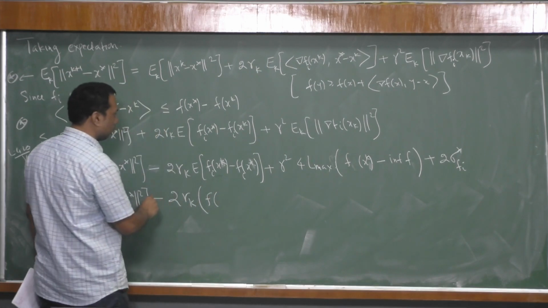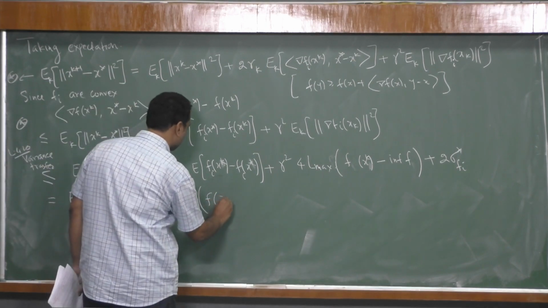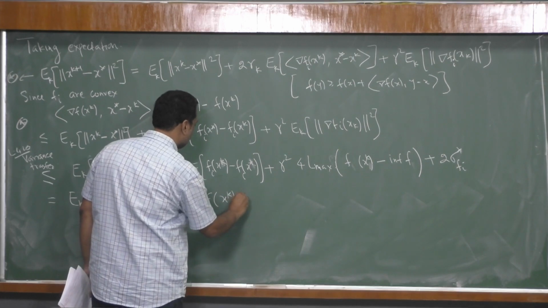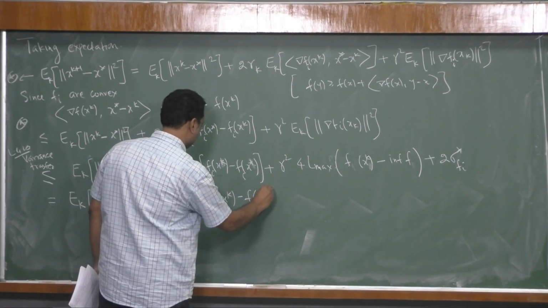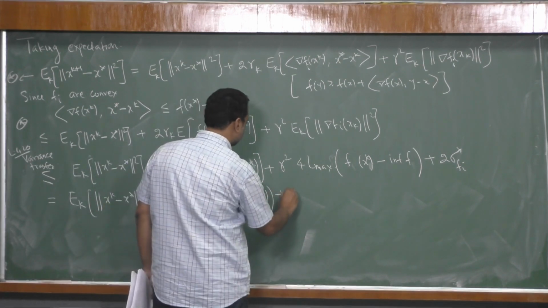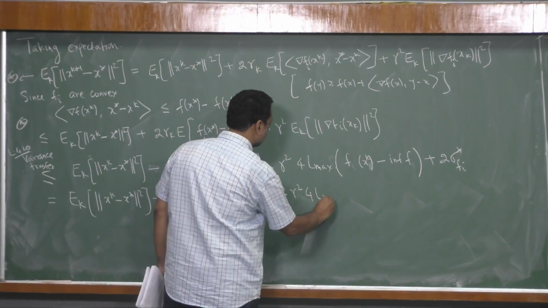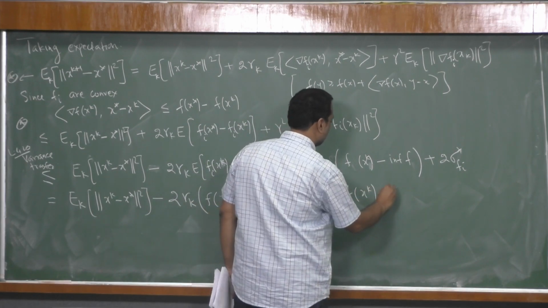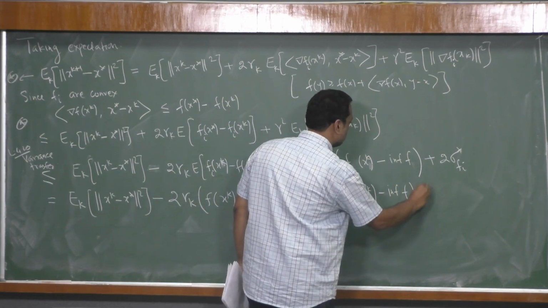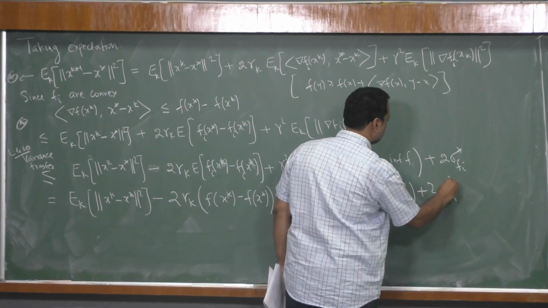Okay, so I did a minus, the swapping is done. So f(xk) minus f(x star), plus gamma square 4 L max, f(xk) minus infimum of f, plus 2 sigma f squared.